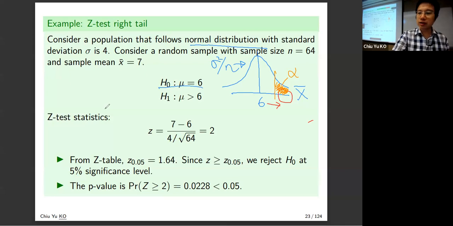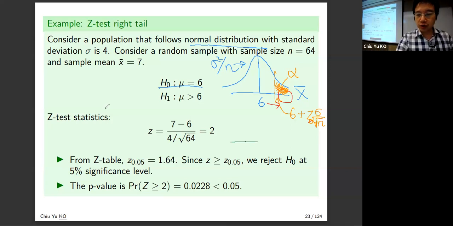We exactly know this number is 6 plus z alpha sigma over root n. If X bar is more than this number, then you reject. Otherwise, you don't. But do remember, this is usually not what we do directly.